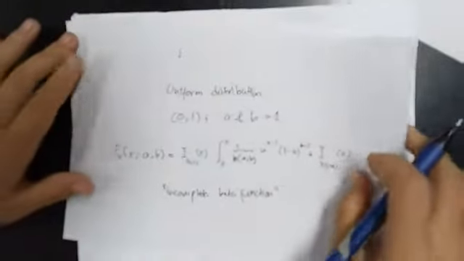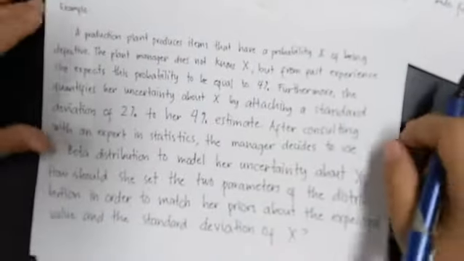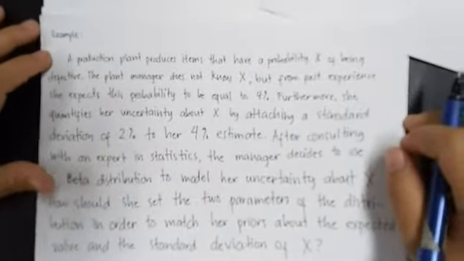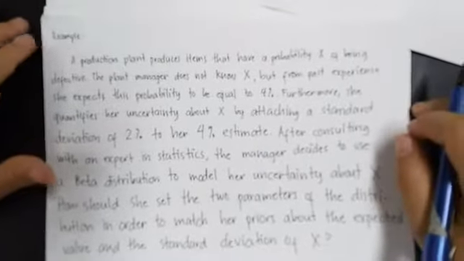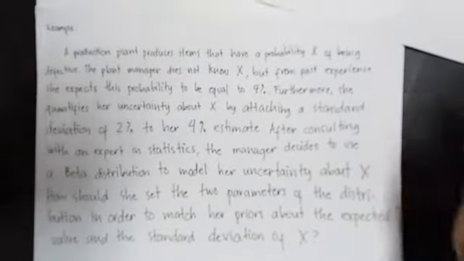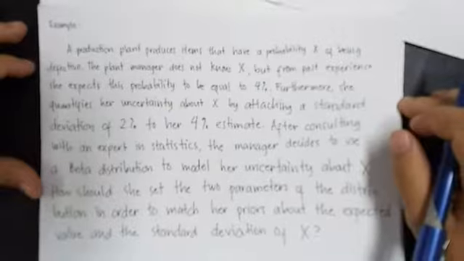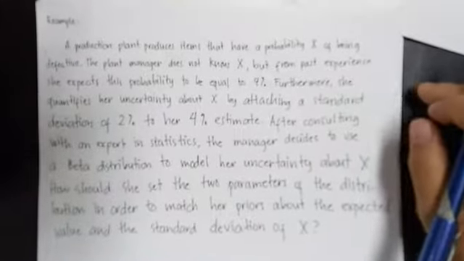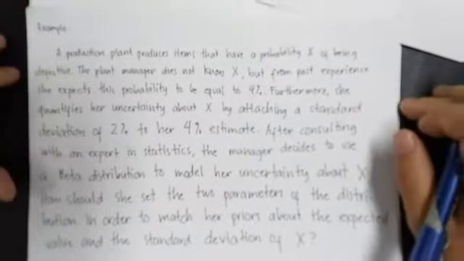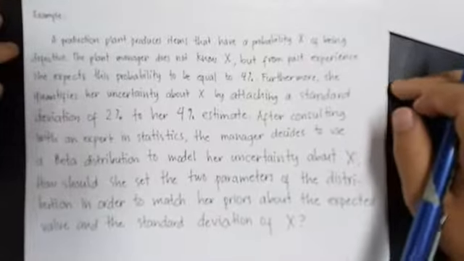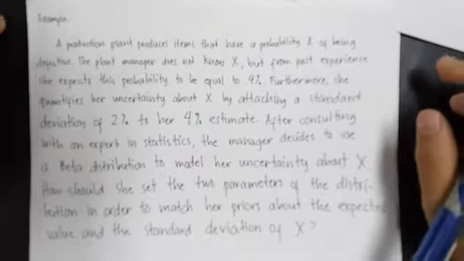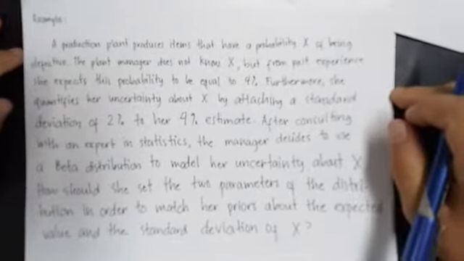So now I want to give you an example. A production plant produces items that have a probability X of being defective. The plant manager does not know X, but from past experience, she expects this probability to be equal to 4%.